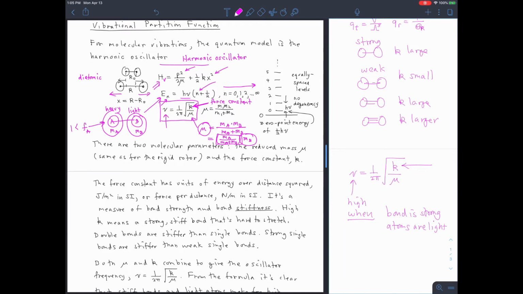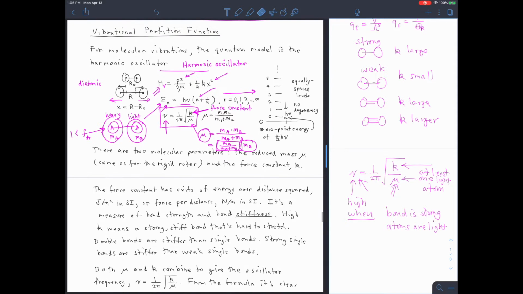Or at least one atom is light, right? At least one light atom. Especially hydrogens. Hydrogens are, of course, the lightest atom. And so the presence of hydrogens always means a fairly small reduced mass, and tends, therefore, to make for high frequencies.